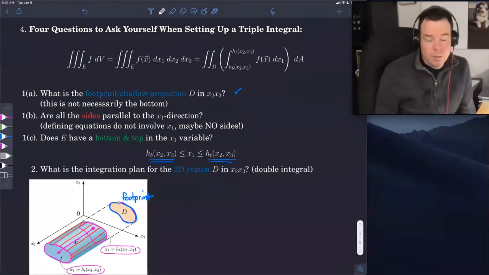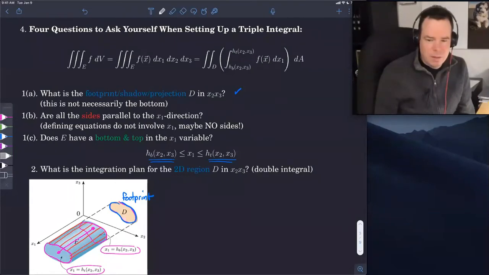And we pick the footprint that gives us the best shot at setting up an integral efficiently. In this case, the shadow that's projected by E into the x2, x3 plane is shown there. It's called footprint D.